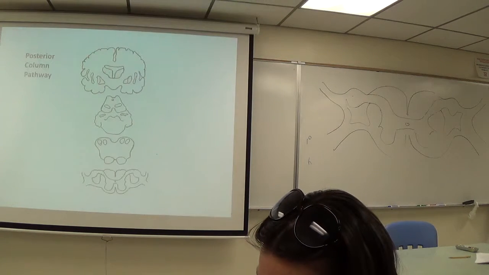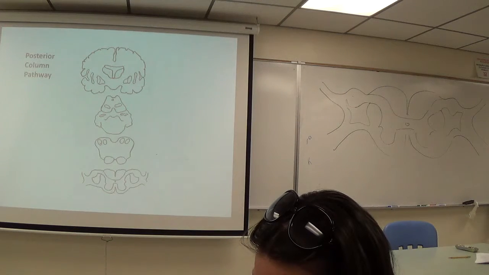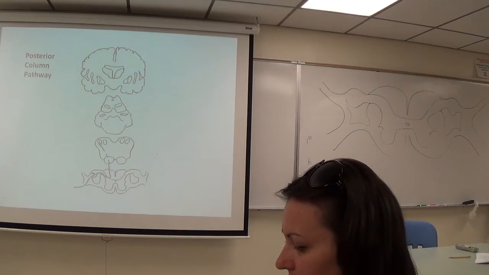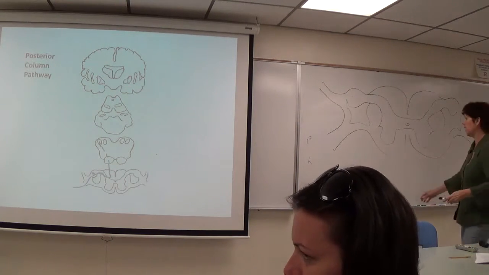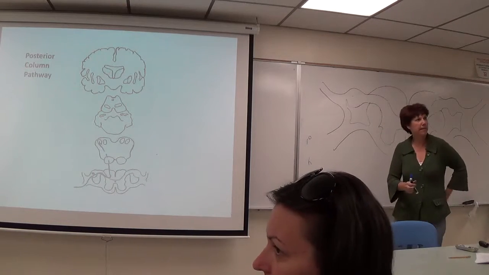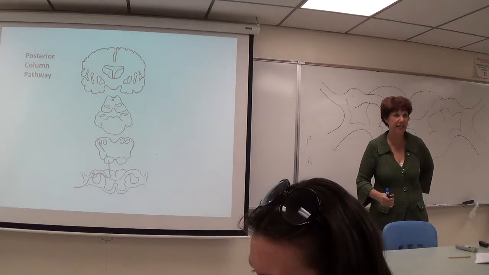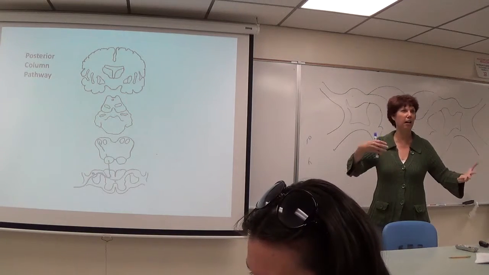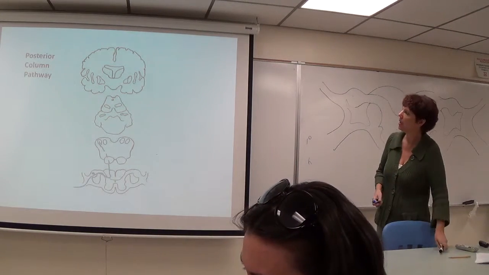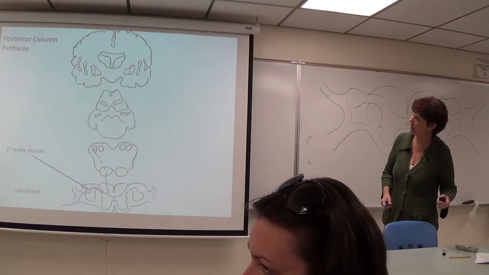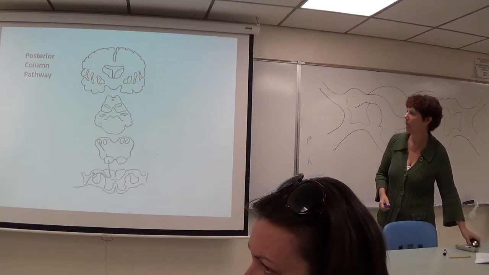Okay? So let's take a look at that pathway. And our first order neuron is going to come in. Remember, the only time it's going to come in is position for whether our back is flexed or extended. So we're going to look more at, let's do upper or lower limb? Okay, upper limb.